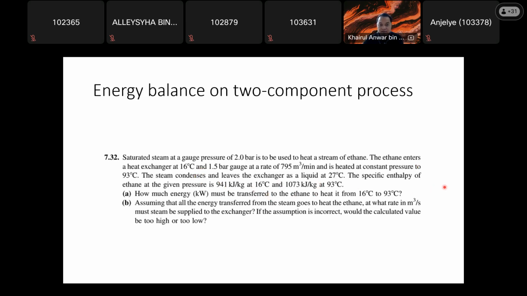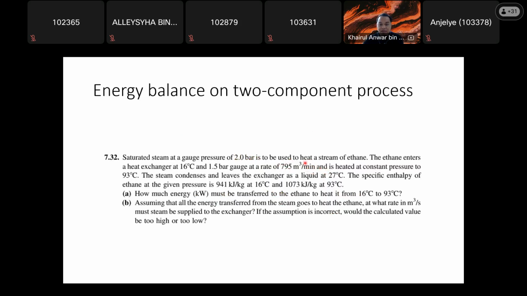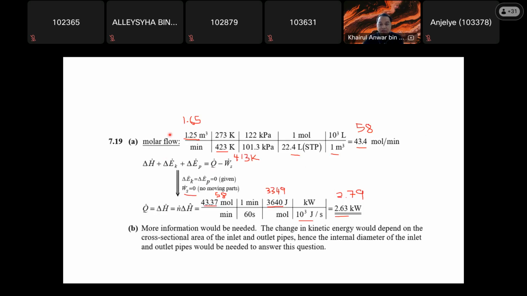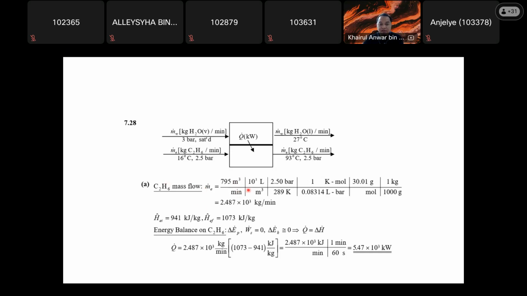So first thing we need to do is check the specific enthalpy. If it's in moles, you need to change the flow rate to molar flow rate. Since the specific enthalpy is over mass, kg, you change the flow rate to kg.